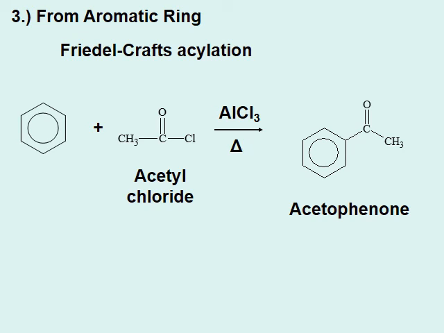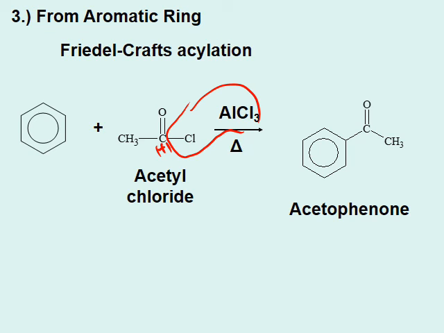Next, we're going to talk about Friedel-Crafts acylation. And again, this is also something that we discussed when we talked about reaction of benzene. So I just wanted to remind you that in presence of AlCl3, this Cl will be taken up by AlCl3. That becomes AlCl4 minus, and then there is a positive charge developed here.